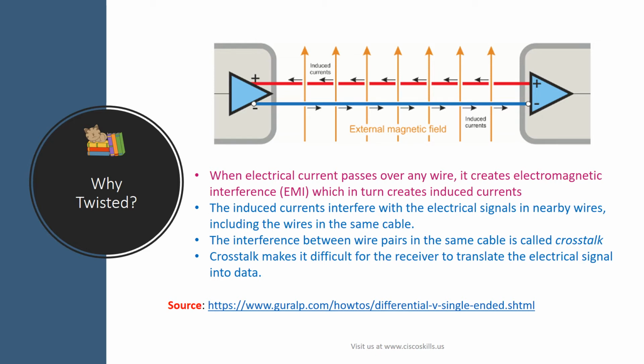You can see that the induced currents interfere with the electrical signals in nearby wires, including the wires in the same cable. And they call the interference between the wire pairs in the same cable crosstalk. You can figure out that crosstalk makes it difficult for the receiver to translate the electrical signal into data.